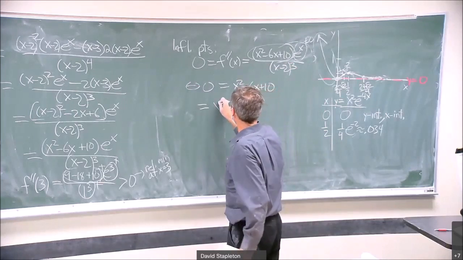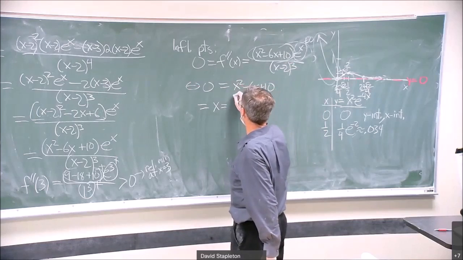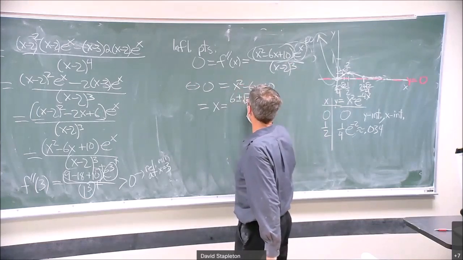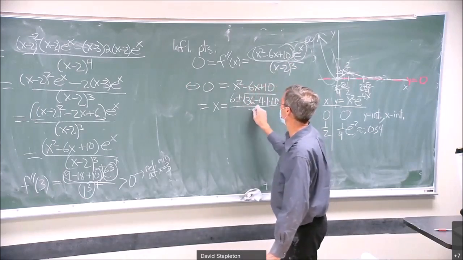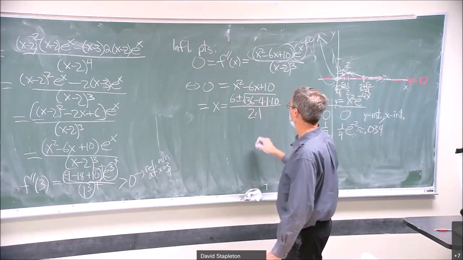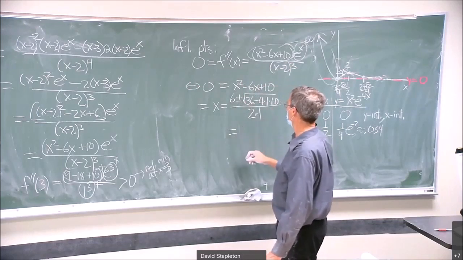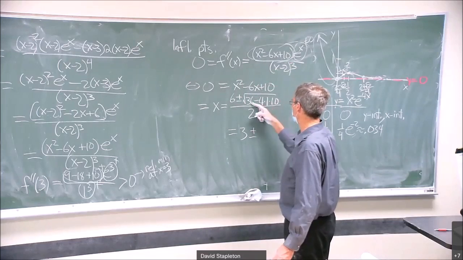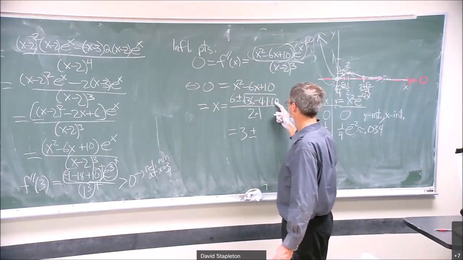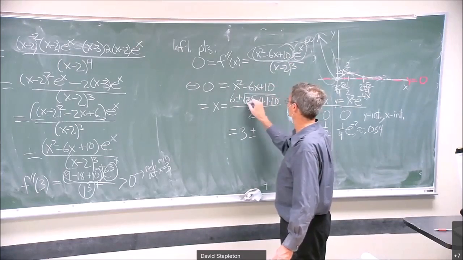So we factor that and get, or we use the quadratic formula, x equals minus b plus or minus square root b squared minus 4 times a times c all over 2a, is 3, 6 over 2, plus or minus, let's see, this is 36 minus 40. Oh, that's negative, square root of a negative number.